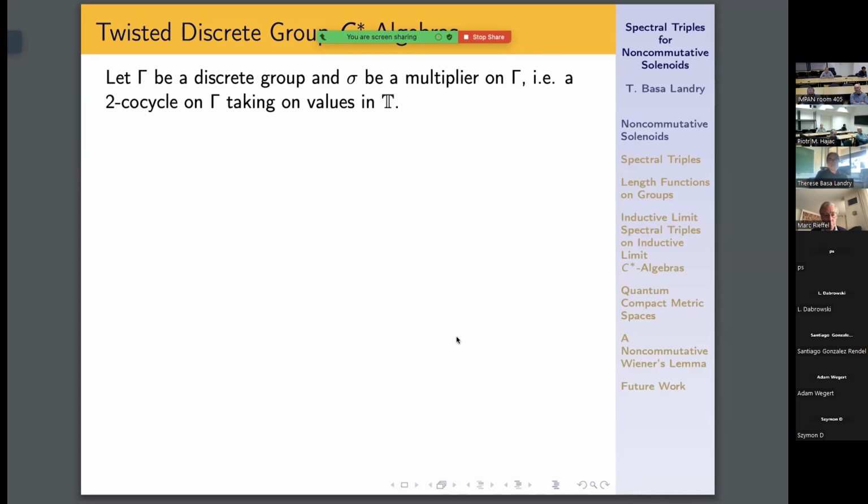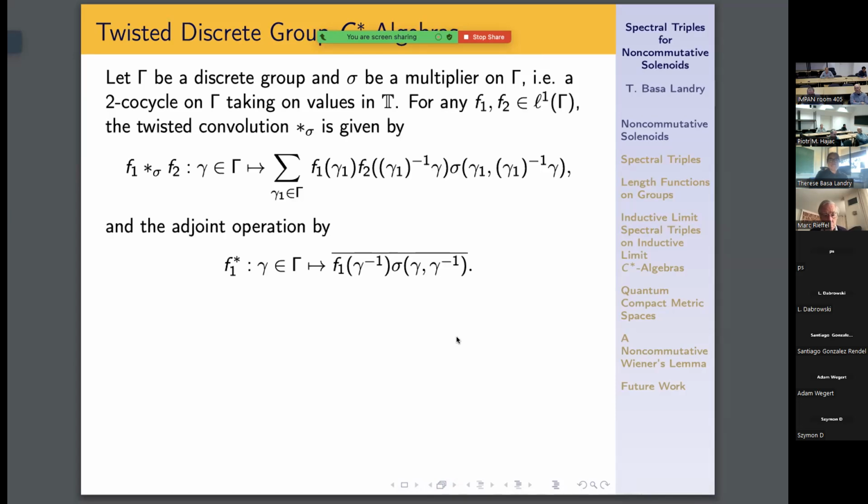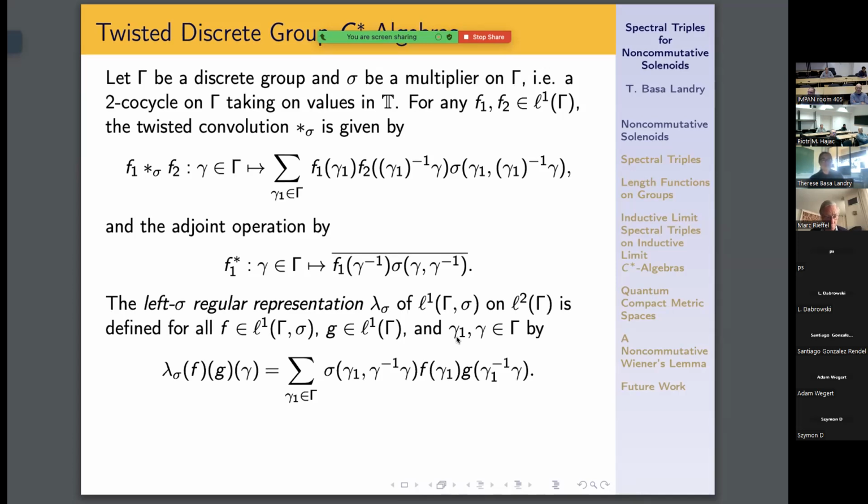The multiplier plays the role of the twist in the definition of the twisted convolution product, and also in the adjoint operation. And the left regular representation of the twisted L1 functions on the L2 functions on the group is defined for all the twisted L1 functions in this way.